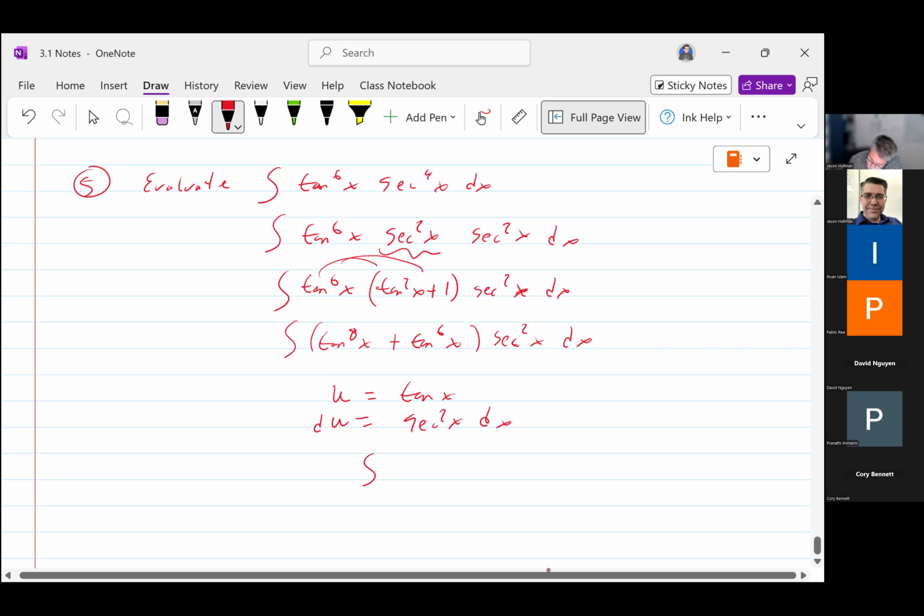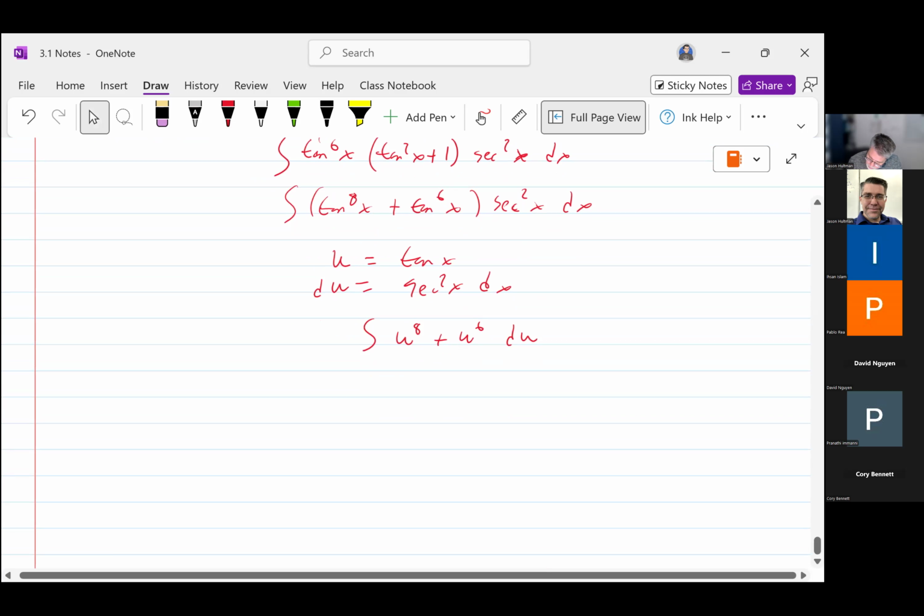So this becomes the integral of u to the 8th plus u to the 6th du. Very simple. This becomes 1/9 u to the 9th plus 1/7 u to the 7th plus c. But what was u? It was tangent. That's it. Easy. Let's do another one.